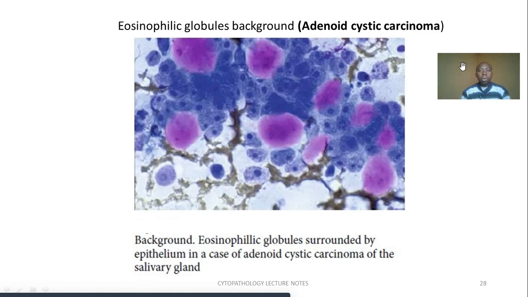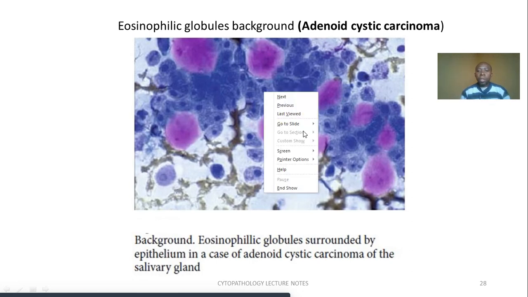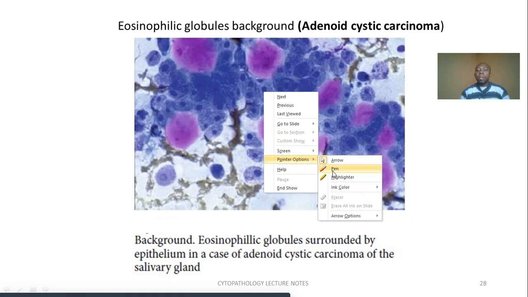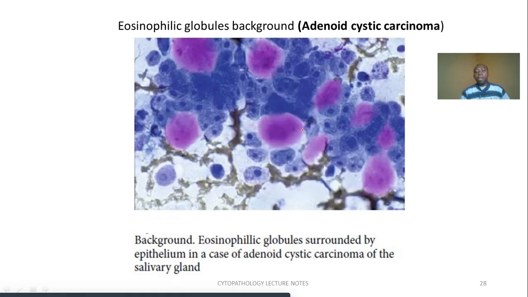Looking at the eosinophilic globule background, we can easily identify the eosinophilic staining in the background here, and this is what we are referring to as eosinophilic background. The globules are surrounded by epithelium.